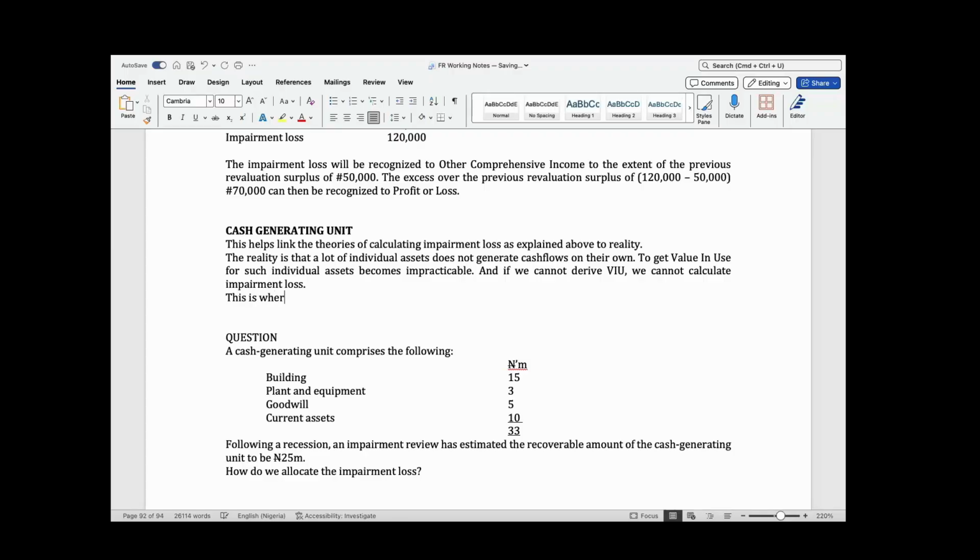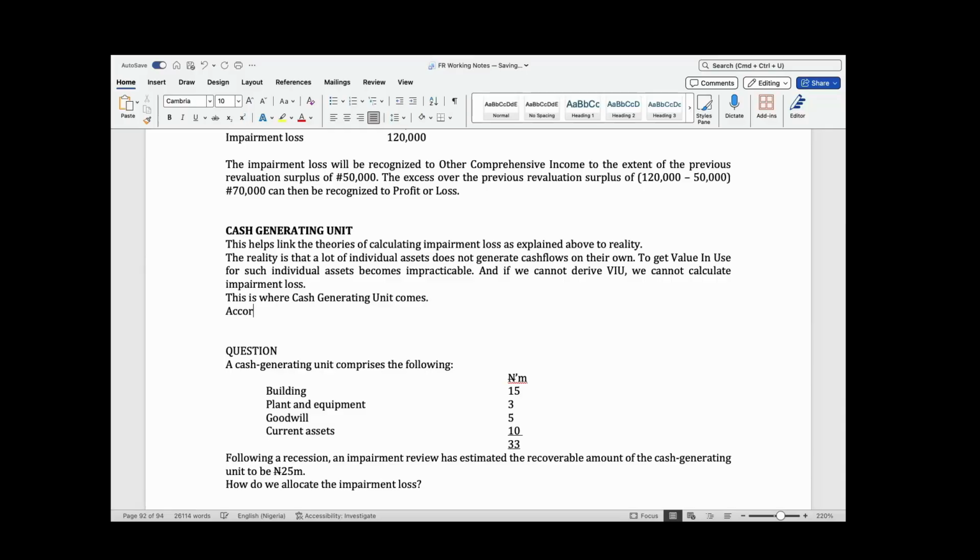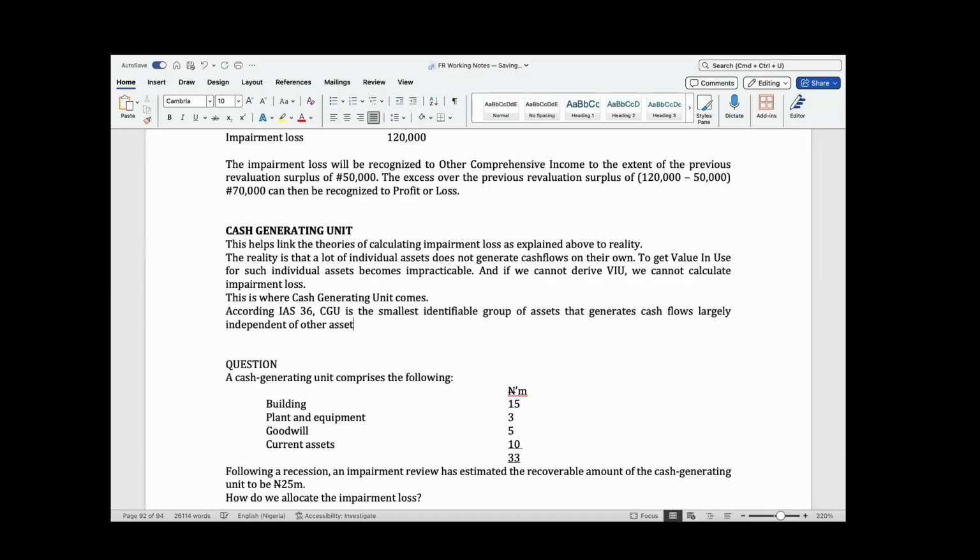And this is where cash generating unit comes in. According to IAS 36, a CGU is the smallest identifiable group of assets that generates cash flows largely independent of other assets.